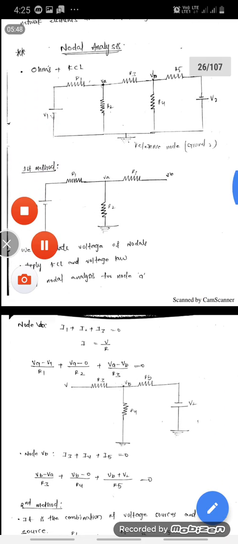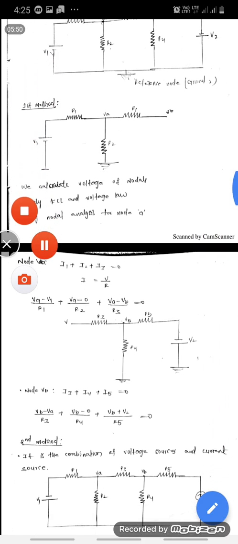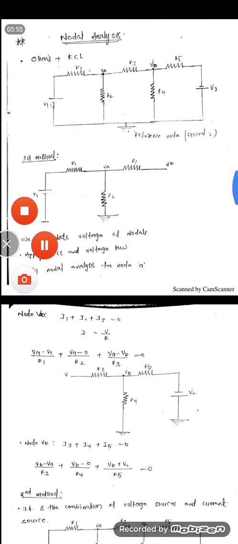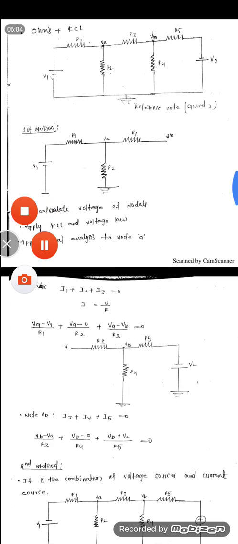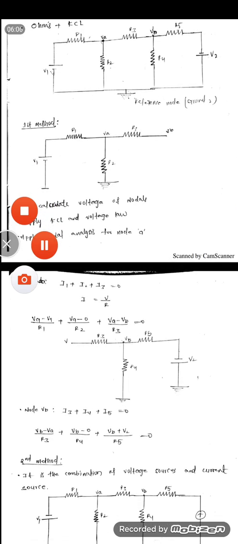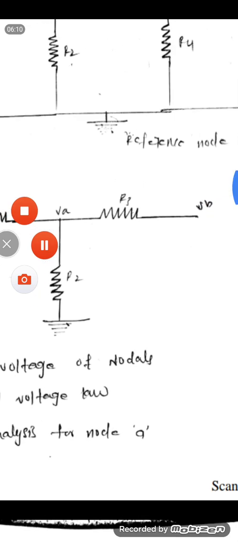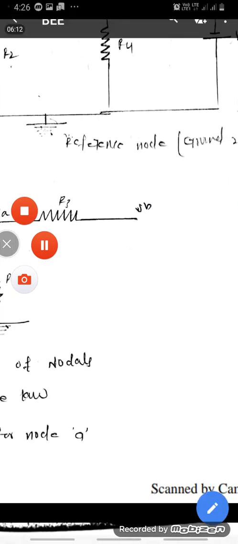When discussing nodal analysis, first we have to know how many nodes are in the circuit. Here we can observe VA and VB are two nodes, and a third node is also there, which we take as ground, the reference node.